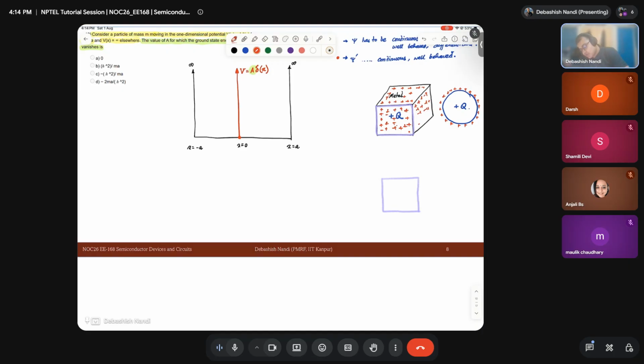Why does it happen so? Because of repulsion, the charges try to move far apart. Because of the repulsive force, it's trying to move far, because metal is an equipotential surface, right?